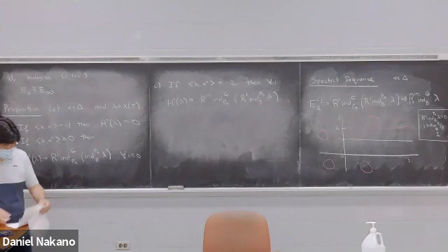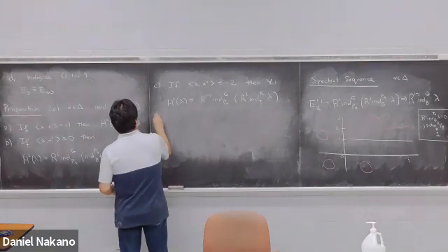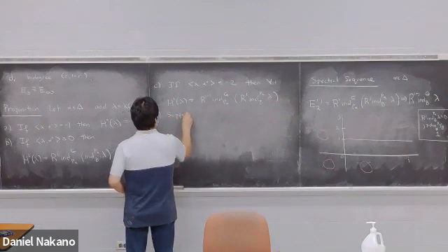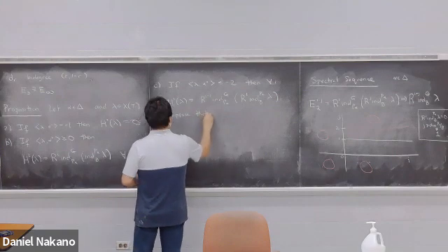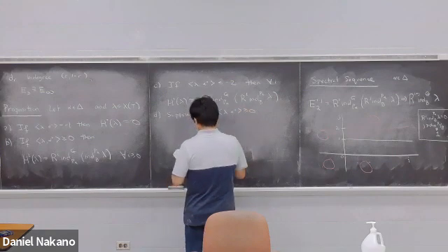And the last statement, E. Suppose that lambda alpha check is dominant.